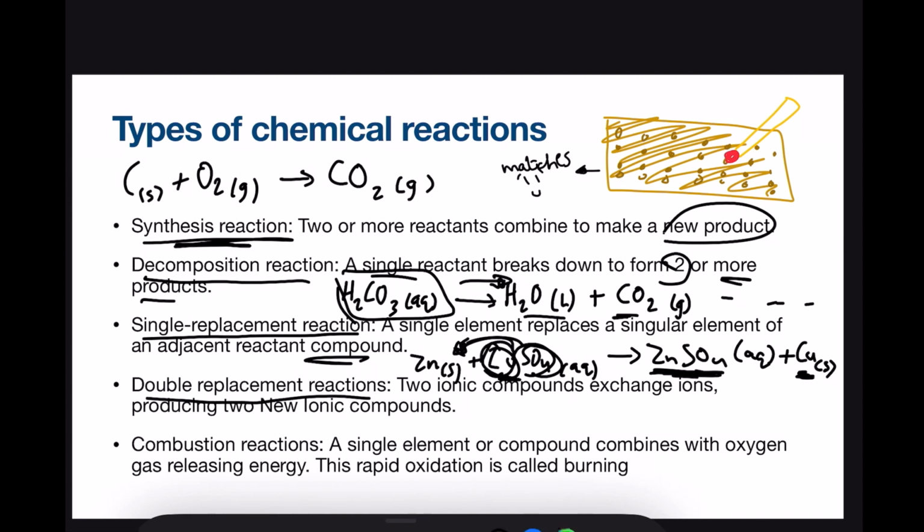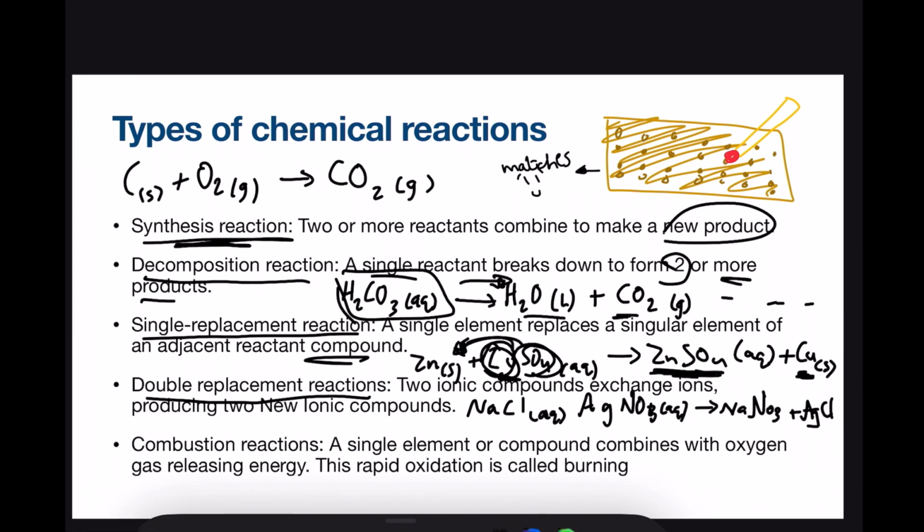In a double replacement reaction, 2 ionic compounds exchange ions, producing 2 new ionic compounds. So in this one, an example is NaCl, which is aqueous, plus AgNO3, which is also aqueous, makes NaNO3 plus AgCl.